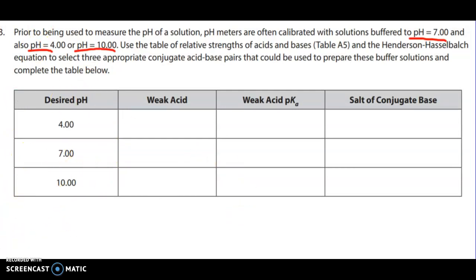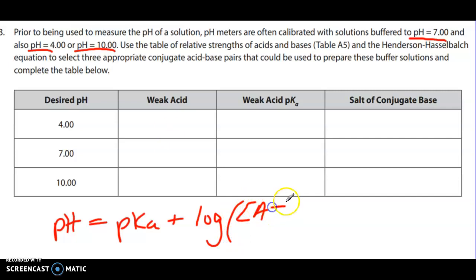So what we would have to do here is pick something that has the pKa closest to the number of the desired pH. Remember the Henderson-Hasselbalch equation, the log of our base over our acid.